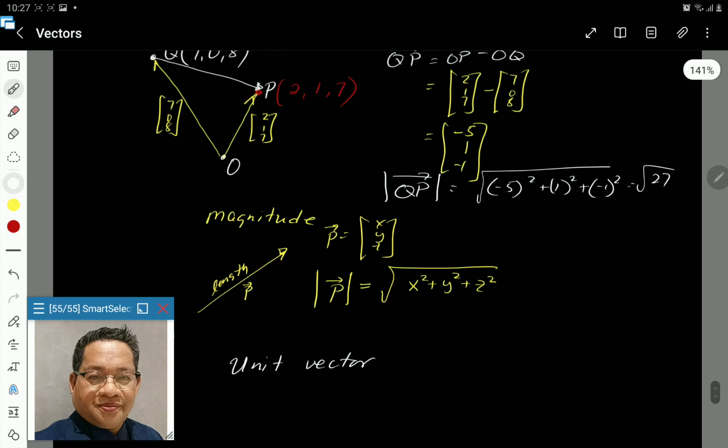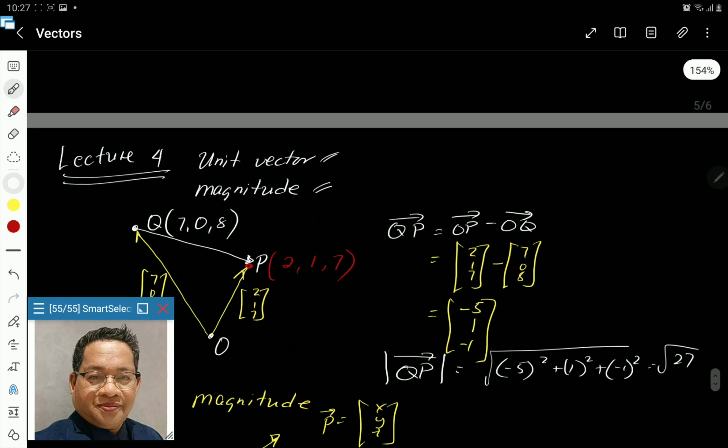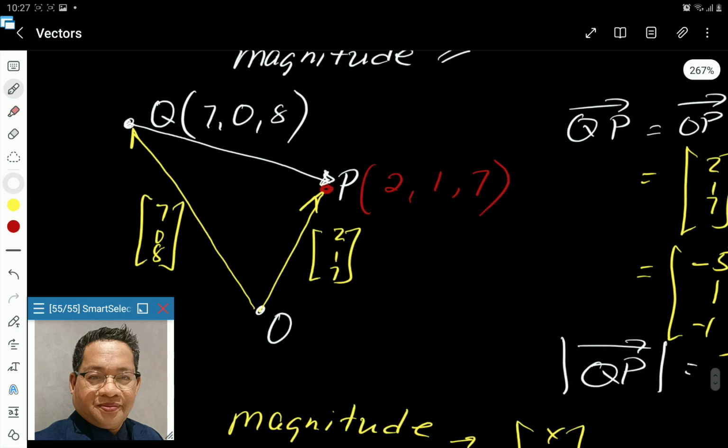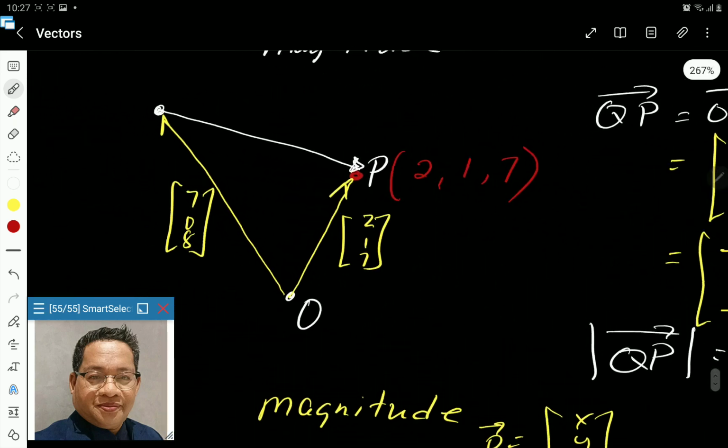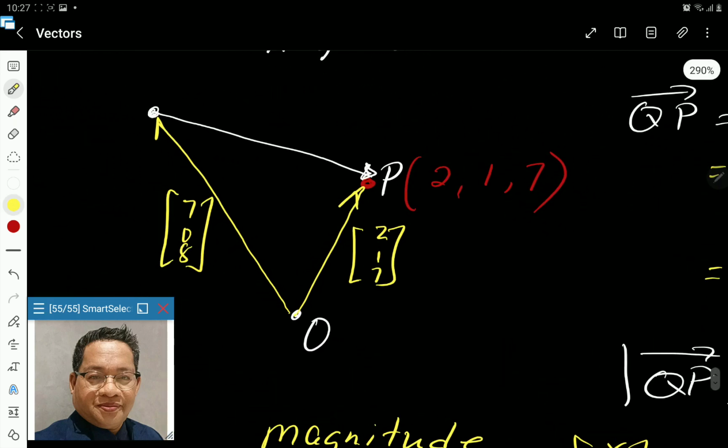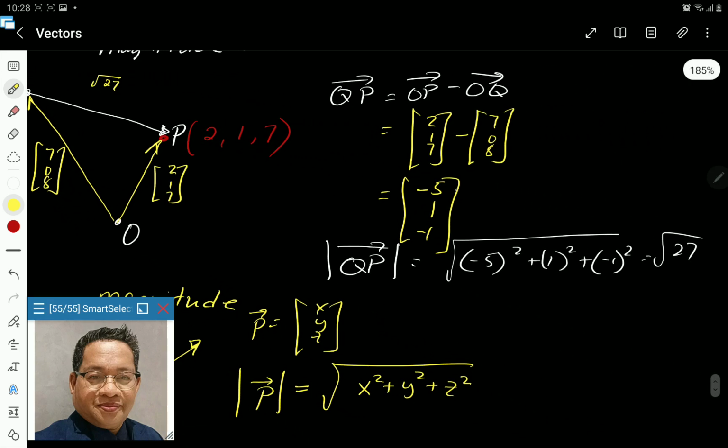When you say unit vector, let me go back to the QP. Please look at the QP. We know that the length of QP is square root of 27. This is what we have solved a while ago. So the direction of QP is this, negative 5, 1, negative 1.